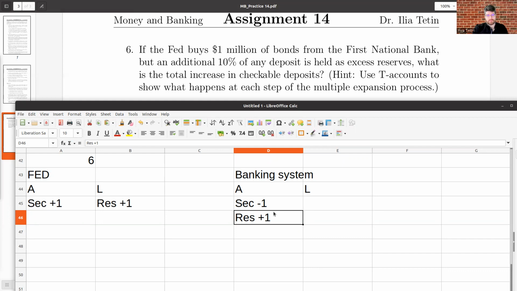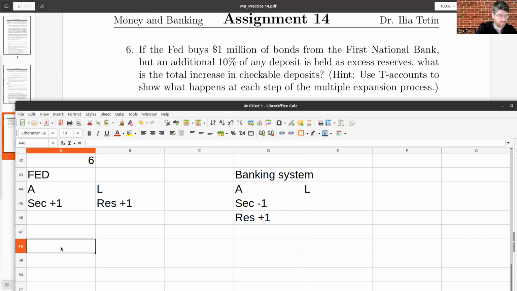Only lend 80%. So instead of lending initially 90, we start lending initially 80. And this will be like that: 1 plus 0.8 plus 0.64 and so on.